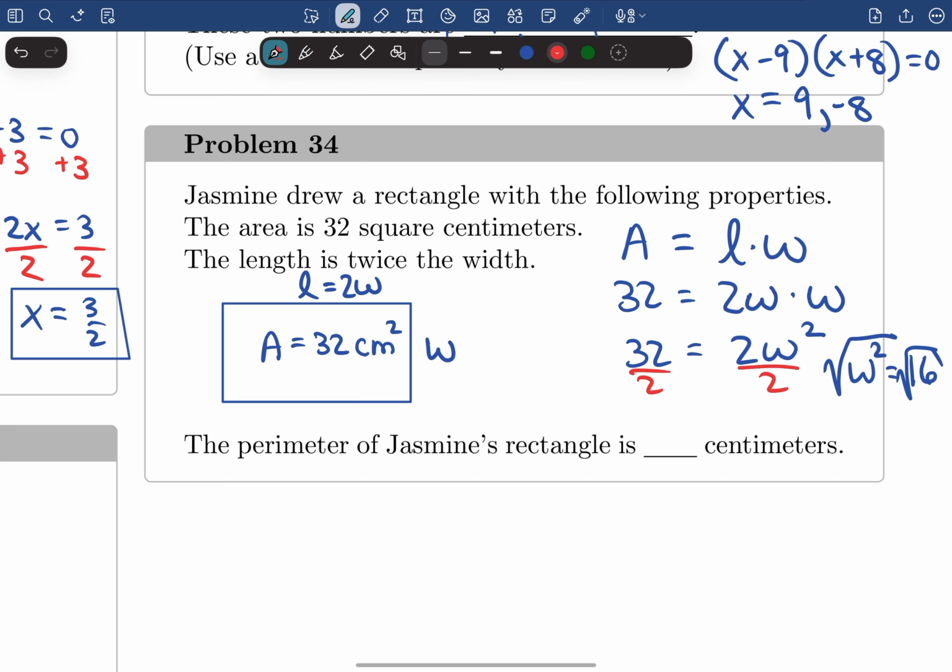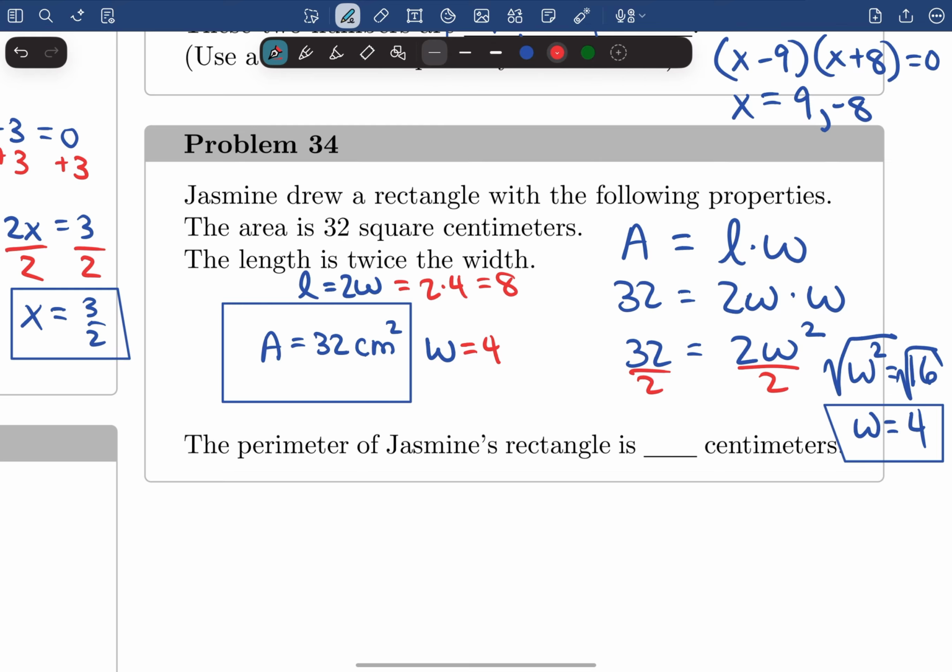And typically we put a plus or minus sign for the square root property, but widths can't be negative, so I don't need the negative sign. I'm just going to say W equals 4. The width is 4. Okay. Now, lastly, now that I know what the width is, right, the width equals 4, then that means that the length is 2 times the width, 2 times 4, which is 8.